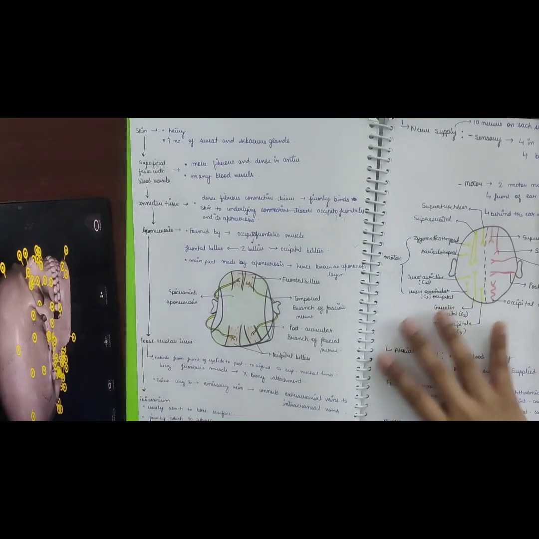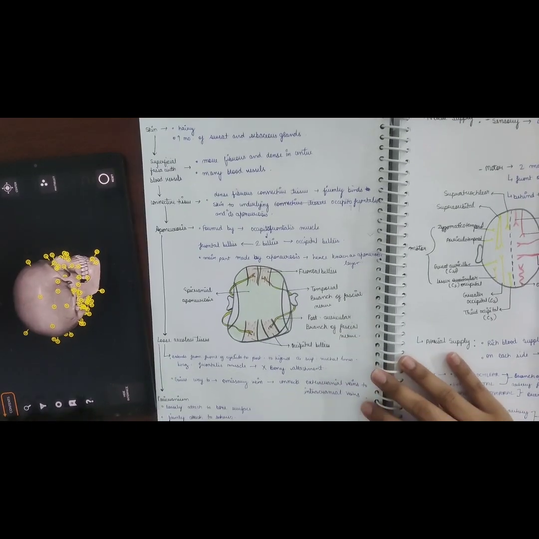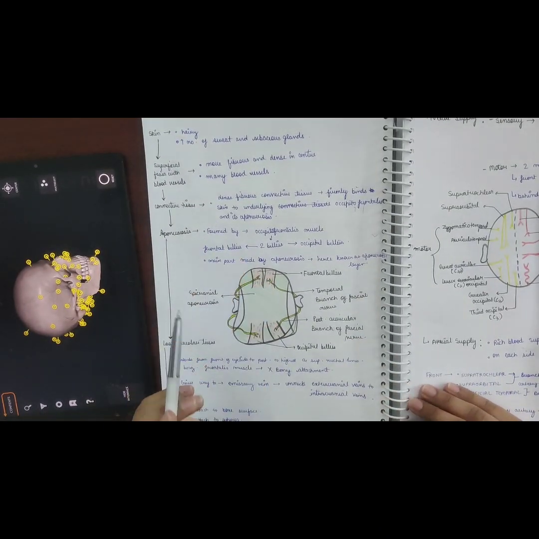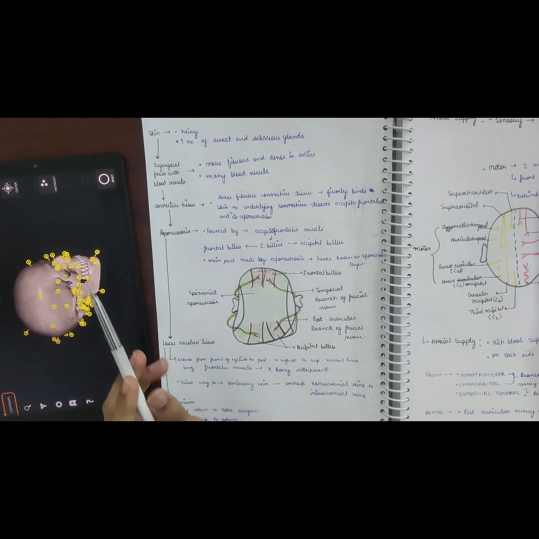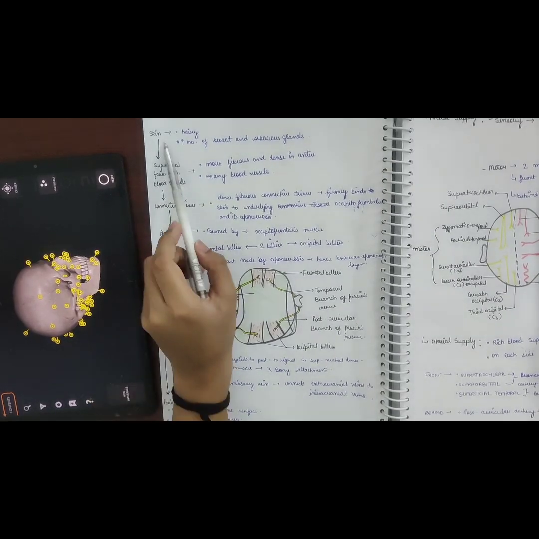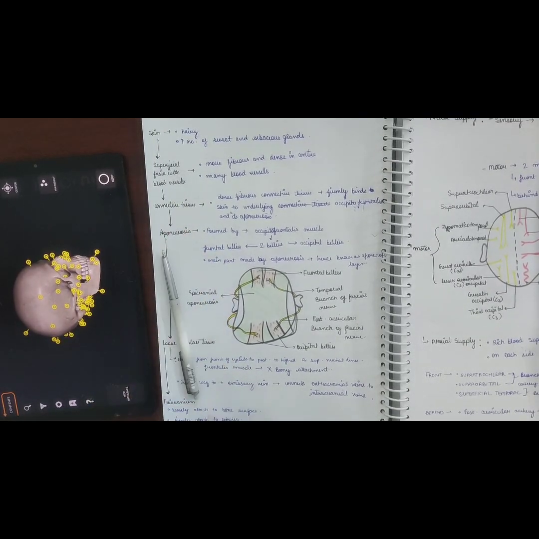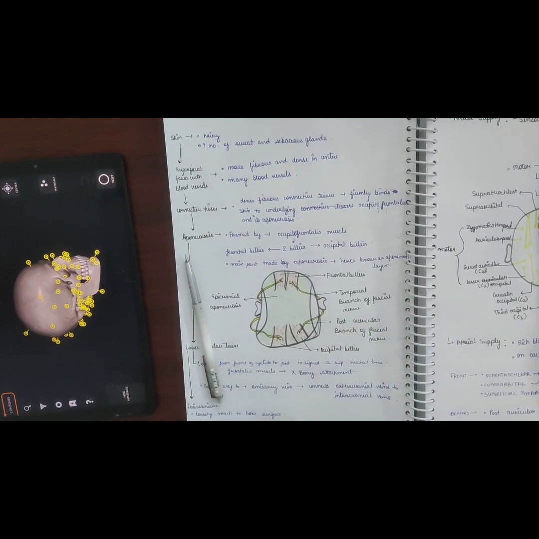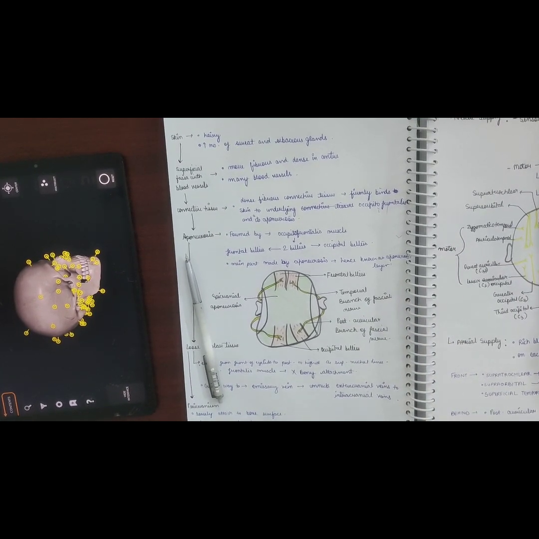Now we are studying the layers of the scalp in detail. First is the skin. The skin of the scalp is very hairy, and it has a high number of sweat and sebaceous glands. As there are many sebaceous glands, there are very high chances of getting a sebaceous cyst in the scalp region.